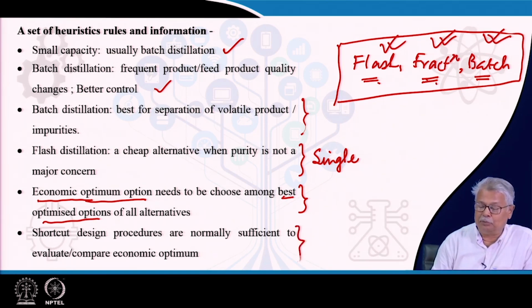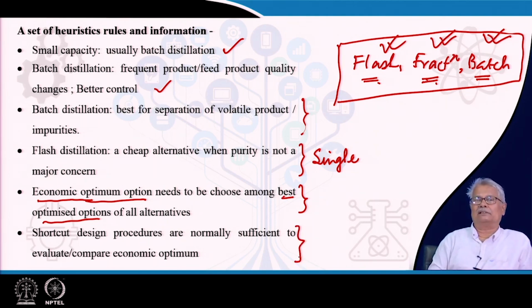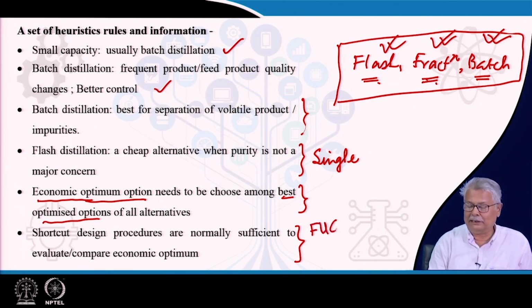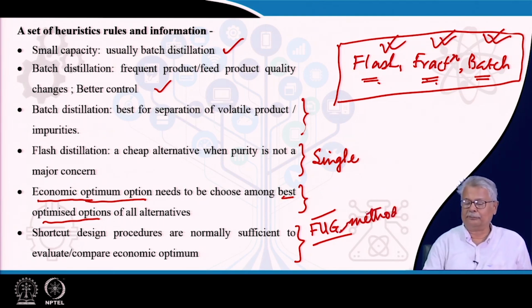Here is a big boon to us. While we are talking about multi-component fractionation, we have outlined a shortcut design procedure, which is basically the Fenske-Underwood-Gilliland method.